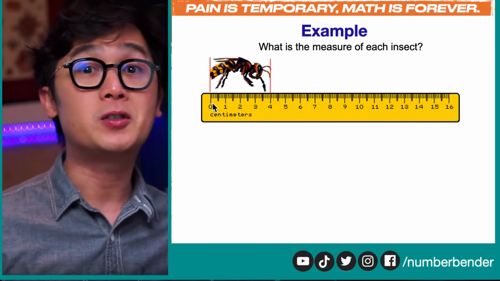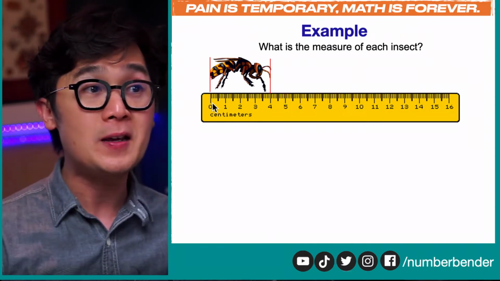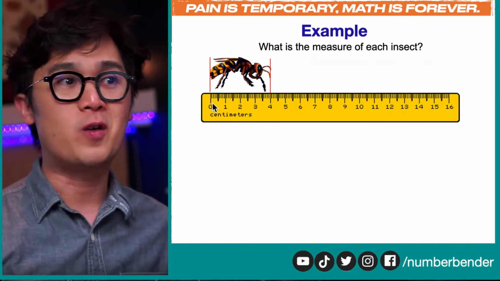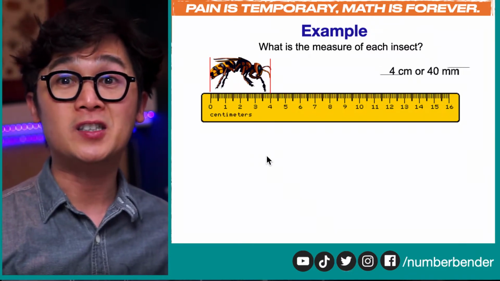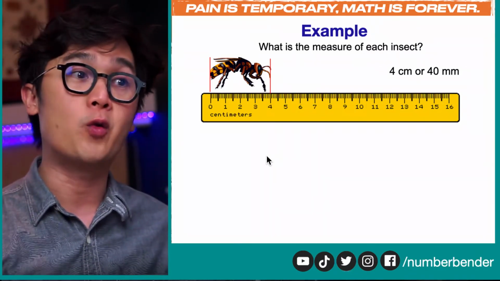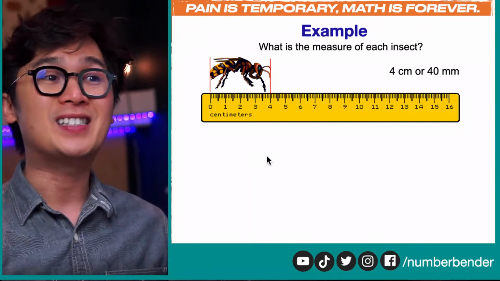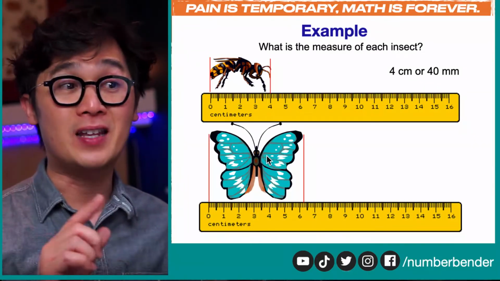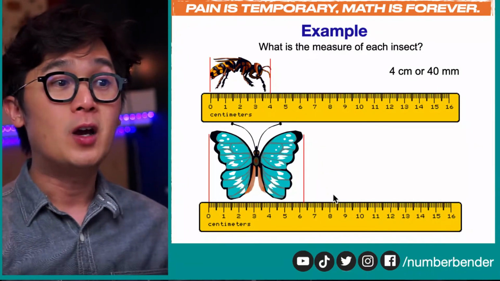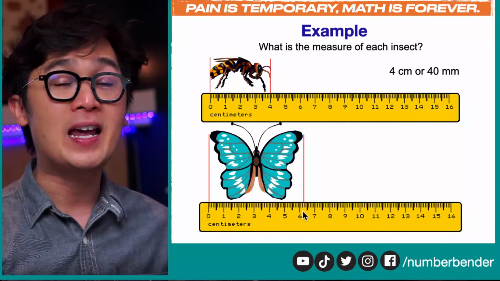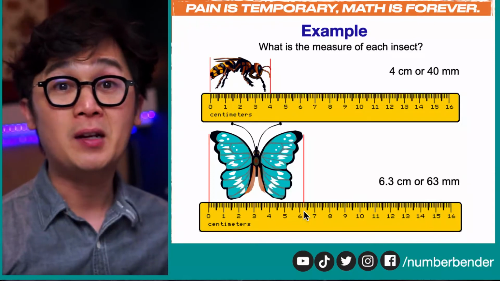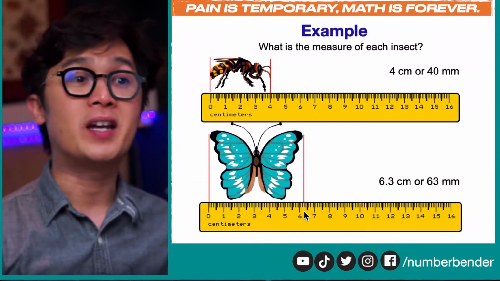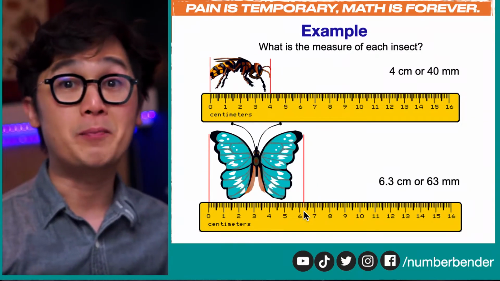It's not really an object, but an insect. So a bee or a wasp, however you want to visualize this, is about 4 centimeters, or 40 millimeters in the metric system. And this particular butterfly right here is about 6.3 centimeters, which in millimeters is actually 63 millimeters.